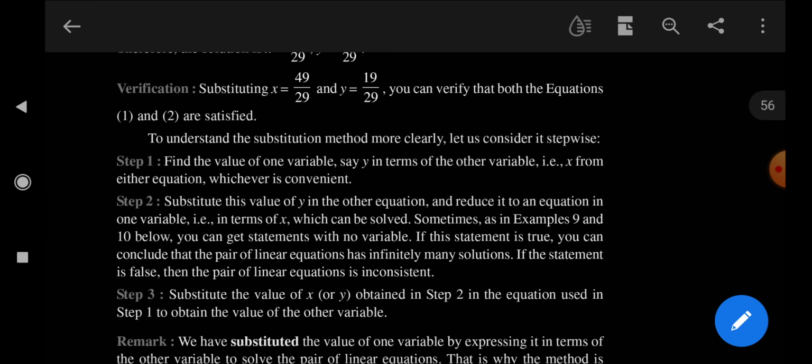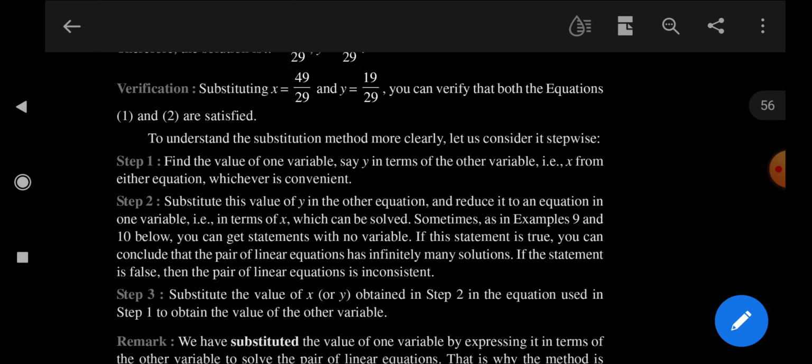To understand the substitution method more clearly, let us consider it step by step. First, find the value of one variable, say y, in terms of the other variable x from either equation, whichever is convenient. Step second. Substitute this value of y in the other equation and reduce it to an equation in one variable in terms of x which can be solved.